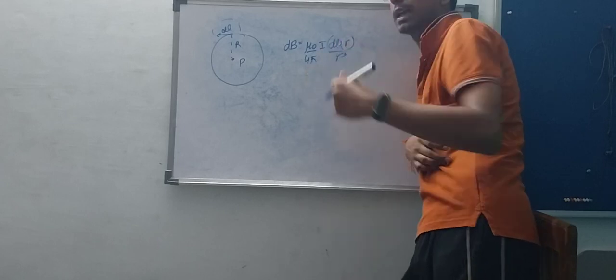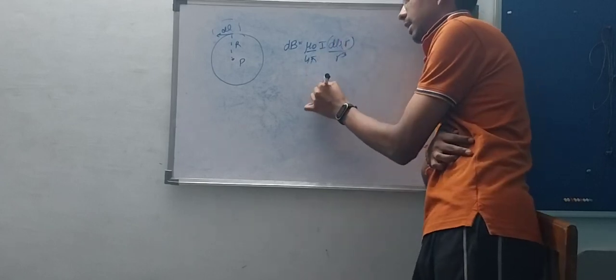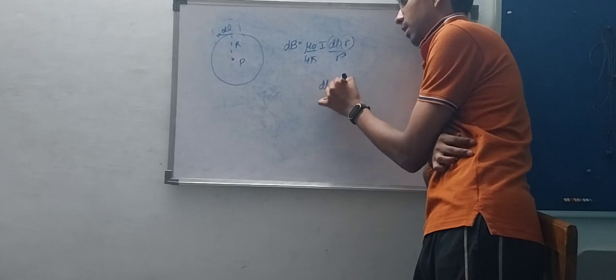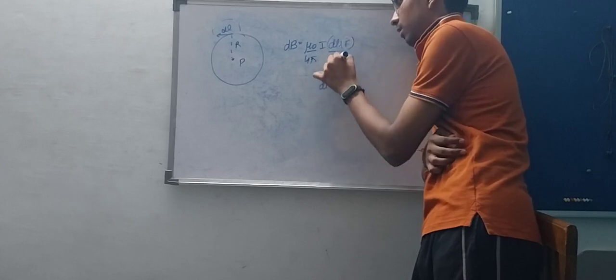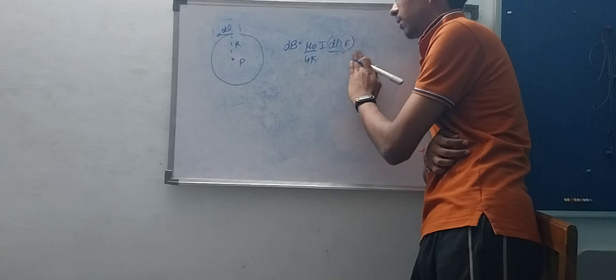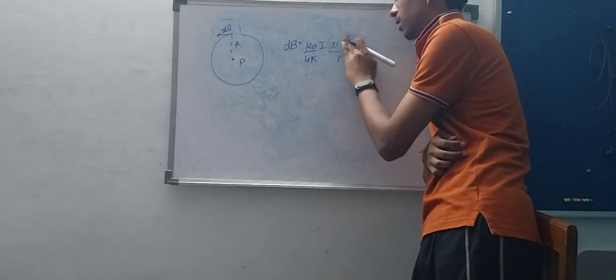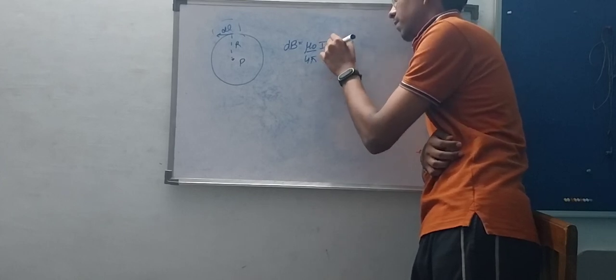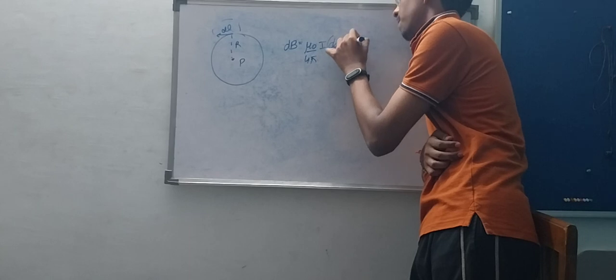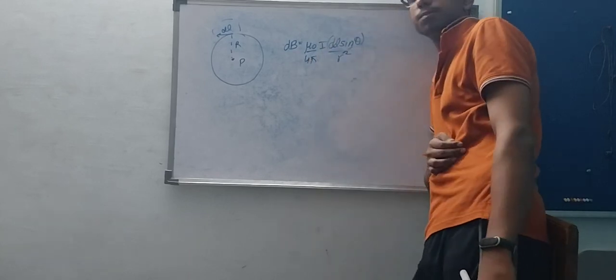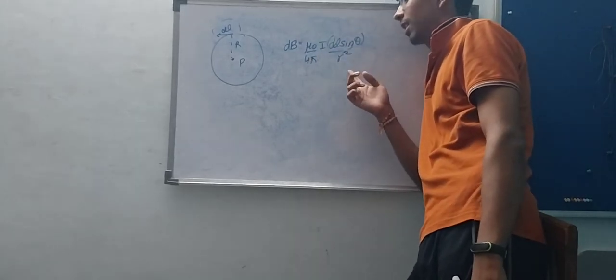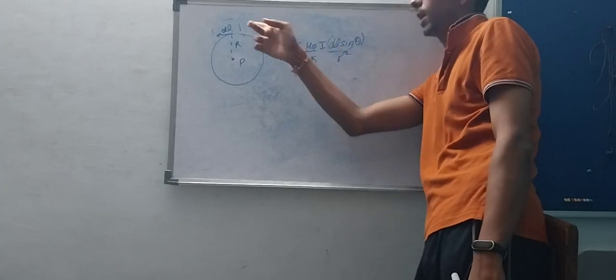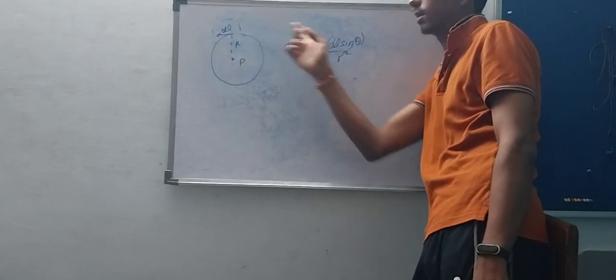Now when you take dl cross r, you get dl r sin theta, right? So this r and this r square will cancel and you'll be left with r square here, and you'll be left with dl sin theta.